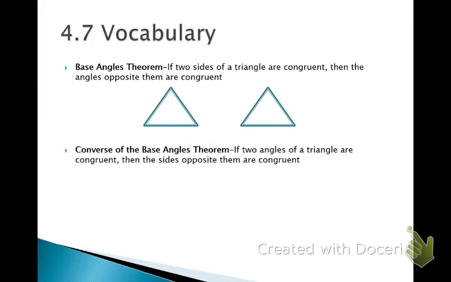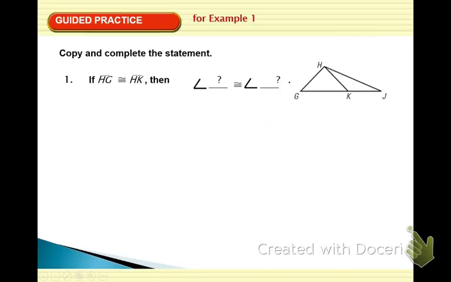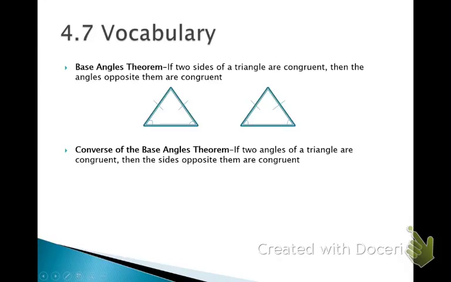Converse of the base angle theorem. It says if two angles of a triangle are congruent, then the sides opposite them would be congruent. So it would be marked like this. If I have a triangle marked like that, then by this converse, I can say this side is congruent to that side.